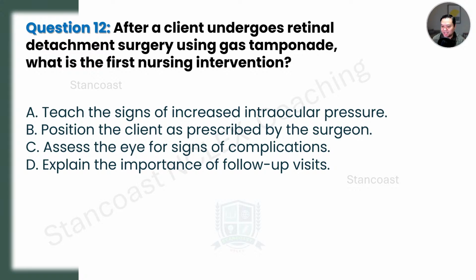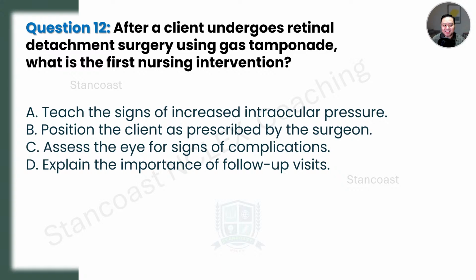Letter D, explain the importance of follow-up visits. So you are the nurse taking care of this patient. So what would be your initial nursing action after they had completed this gas tamponade? Is it A, is it B, C, or D?